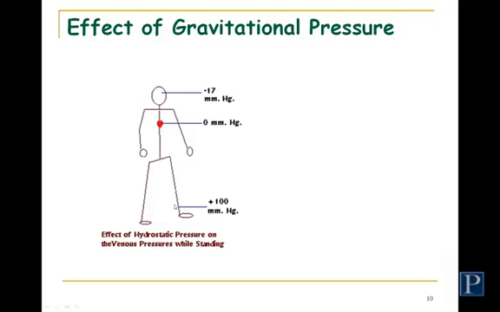And the reason they steadily increase is not because of hydraulic pressure, it's because of gravitational pressure. At the level of the feet, it's about 100 millimeters of mercury venous pressure in an upright person who's standing still. That's the effect of gravity.